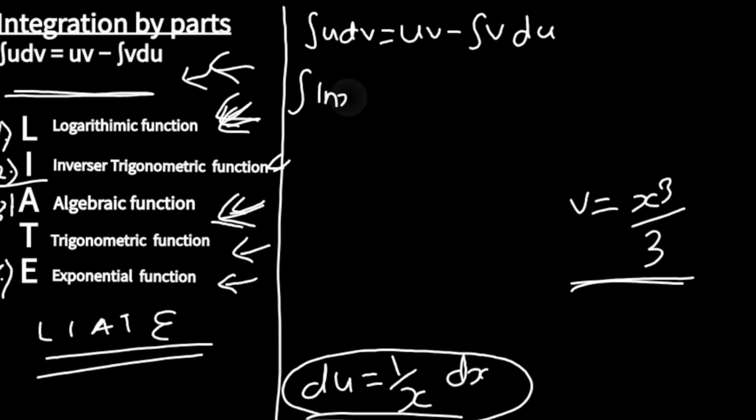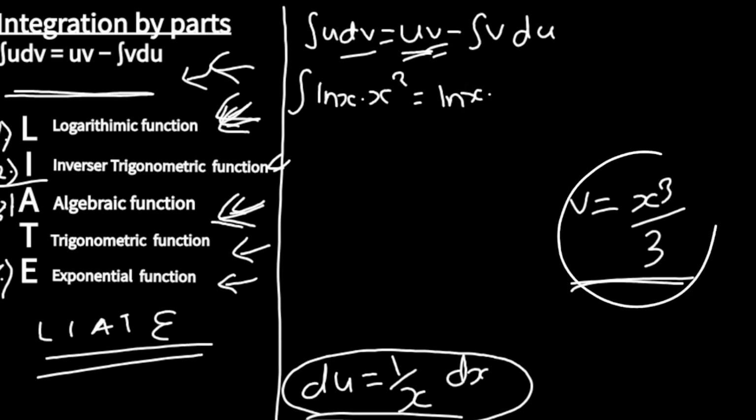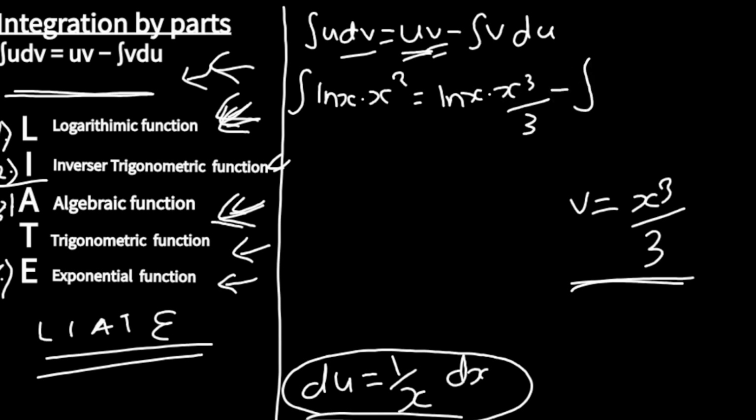Our u was ln x, dot, what was our dv? Our dv was x squared, is equal to u, what was our u? ln x, dot, what was our v? This is our v, x cubed over 3, minus the integral of v, x cubed over 3, du. What was our du? 1 over x dx. Okay.